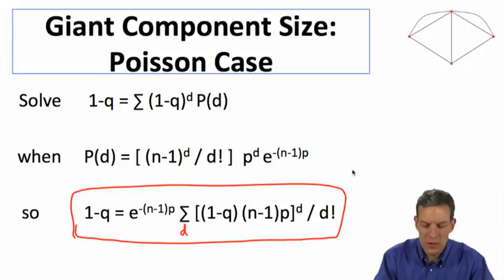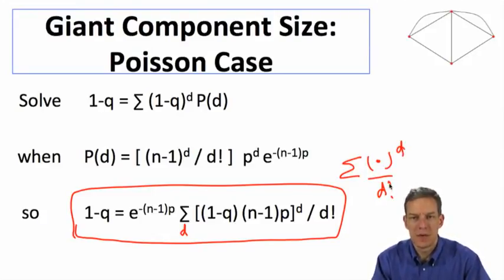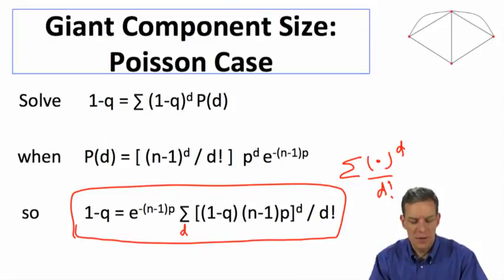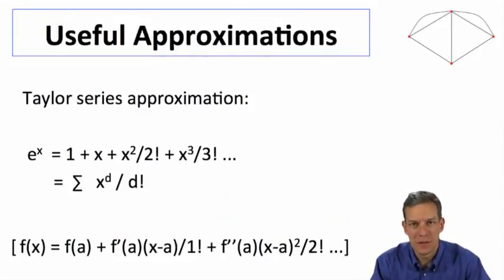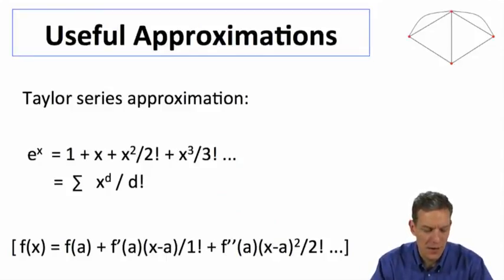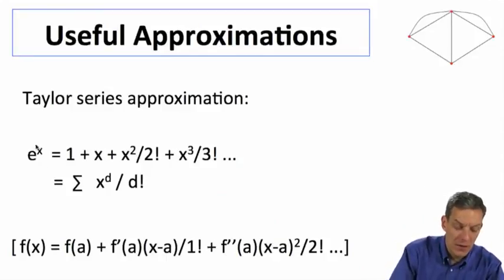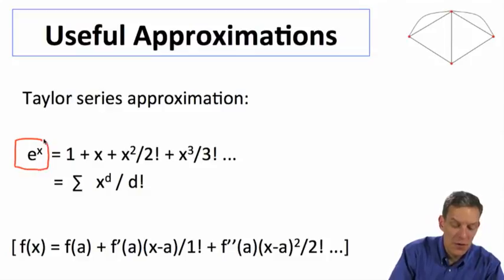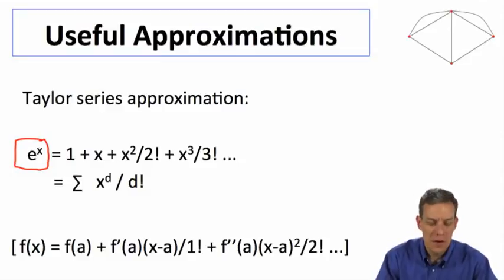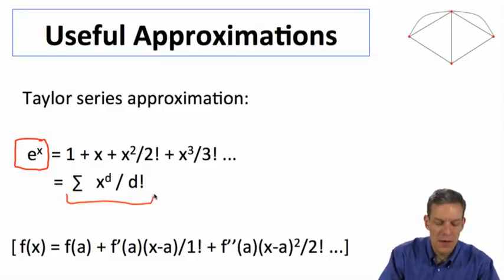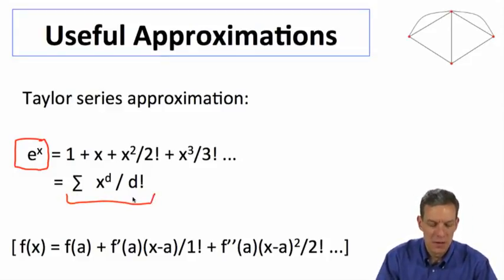When you look at sums of some expression raised to the d over d factorial, that actually has a nice exponential form. So that sum is a nicely behaved sum. One useful approximation to have in the back of your mind is the Taylor series approximation for e to the x, which looks like the sum of x to the d over d factorial.